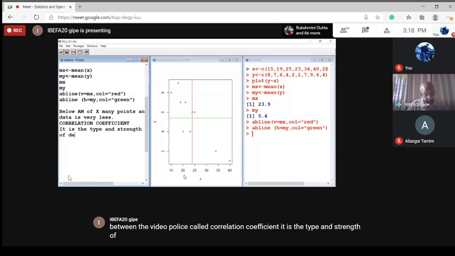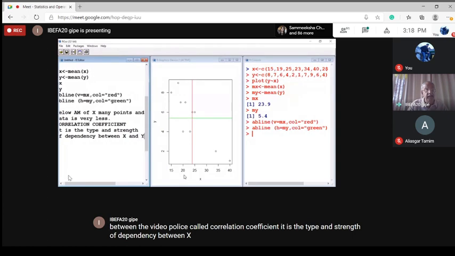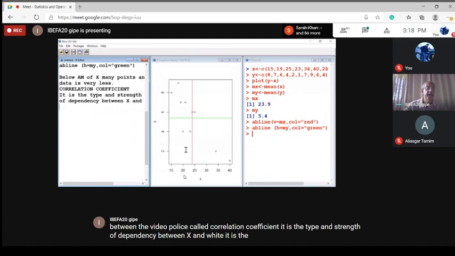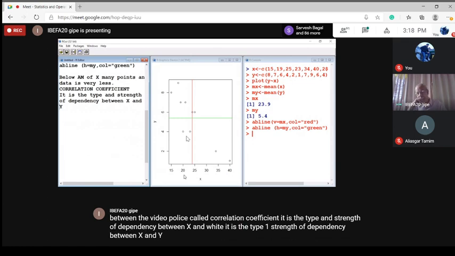It is the type and strength of dependency between X and Y. Type means negative or positive correlation.